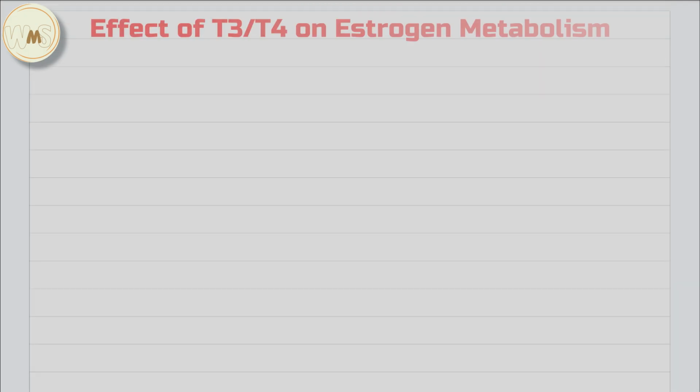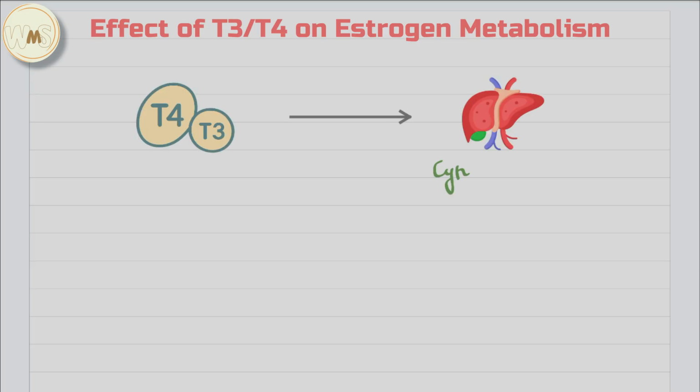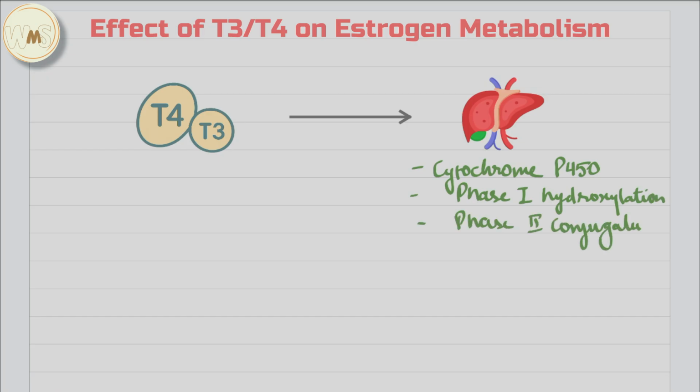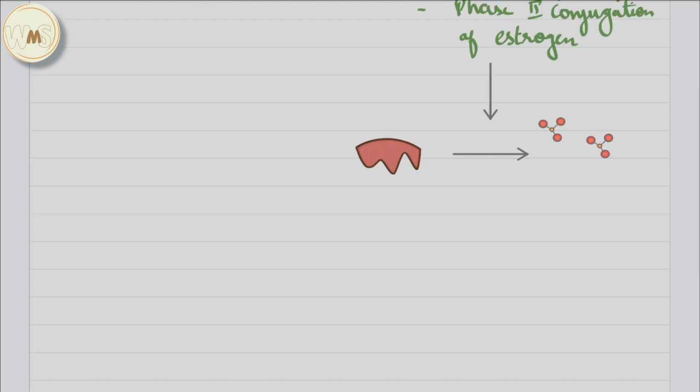Now, the effect of thyroid hormone on estrogen metabolism. The thyroid hormone induces several cytochromes, like cytochrome P450. It also accelerates the phase 1 hydroxylation and phase 2 conjugation of estrogen, resulting in increased metabolism of estrogen.